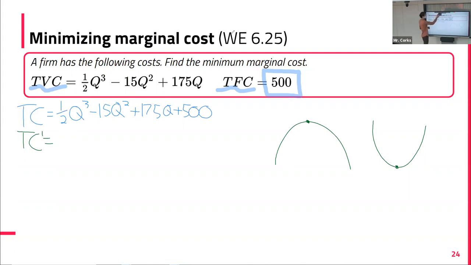Okay, but we have a cubic here. So there's a few different possibilities. There could be turning points or there could not be turning points. So let's just think about that first. So the derivative of our total cost equation here is what? 3/2 q squared minus 30q plus 175.